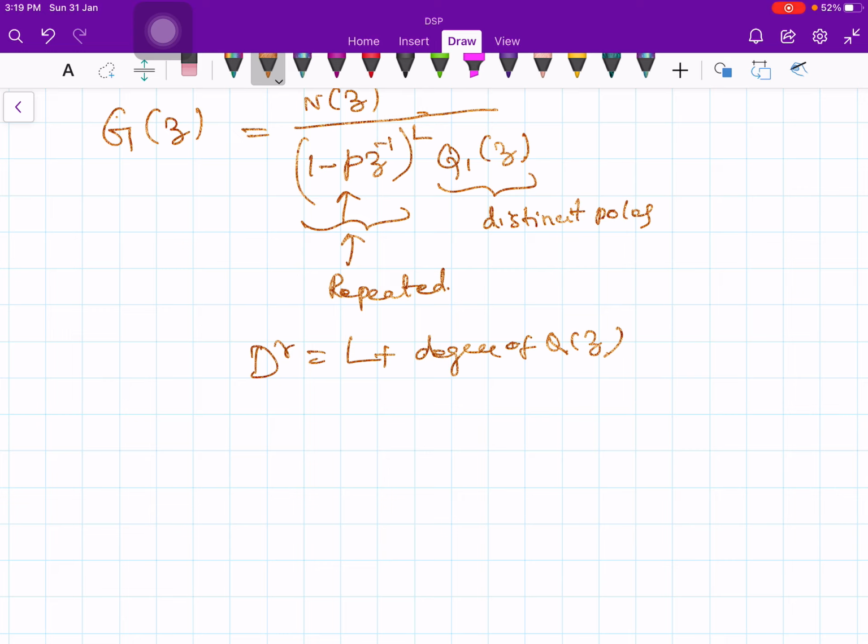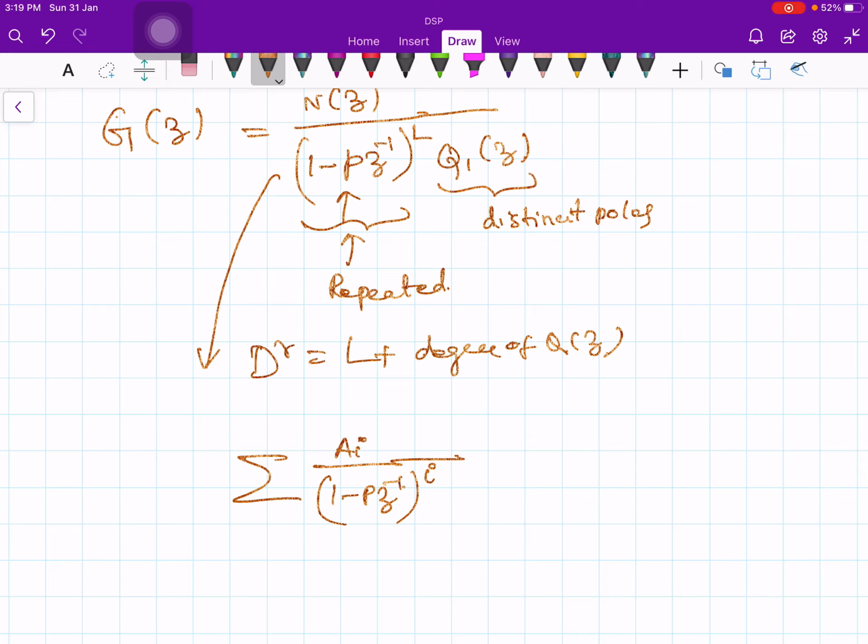So this can be written as a summation of, you take the partial fraction expansion, a_i divided by 1 minus p times z inverse whole power i.